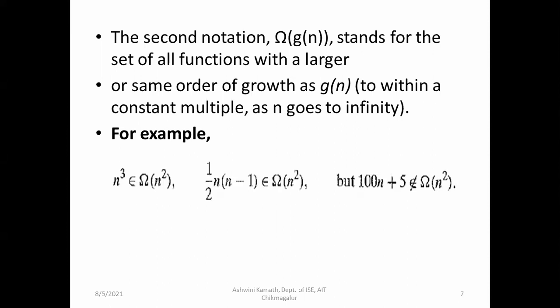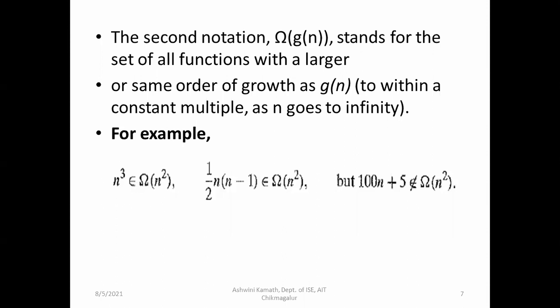Similarly, half n square minus half n also belongs to omega of n square. For this we can add some constant and make the left hand side bigger. For example, I can add 1 by 4 into n square on the right hand side.